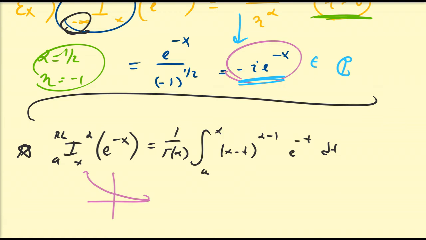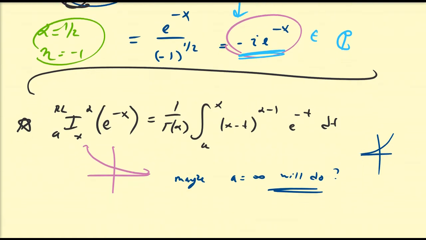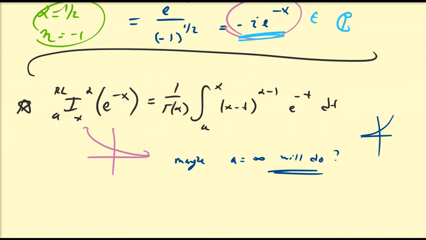So possibly, at least as an educated guess, maybe a equal to infinity will do. Maybe, right? Minus infinity gives us our bounded nature for e to the x, so maybe positive infinity will give us our bounded nature for our Riemann-Liouville operator of e to the minus x. So let's give that a try, and let's see if that gives us what we want.